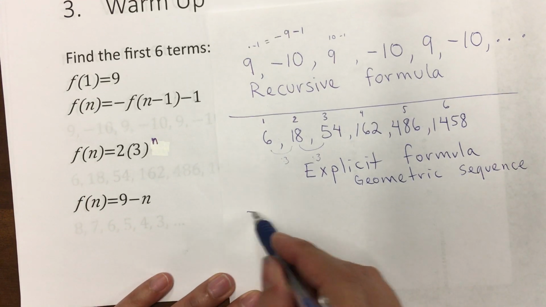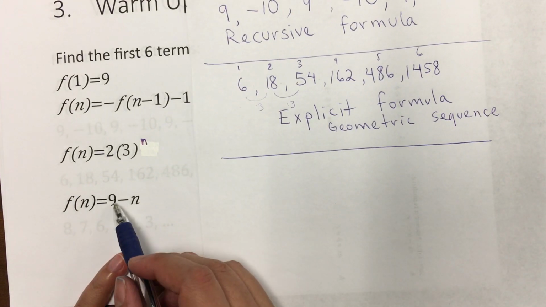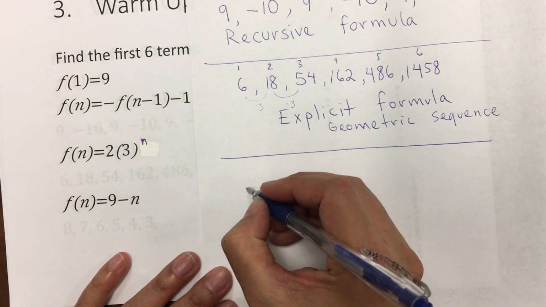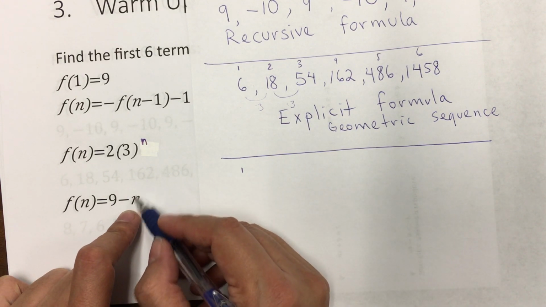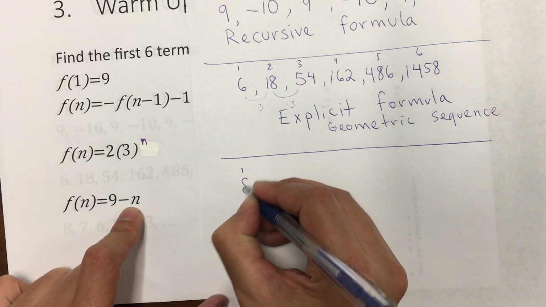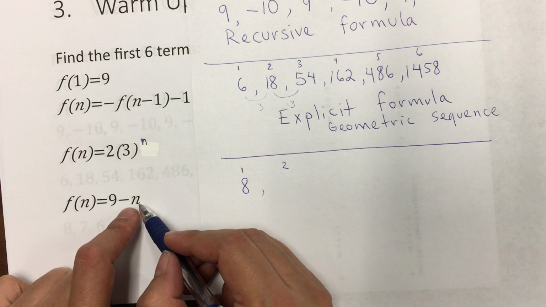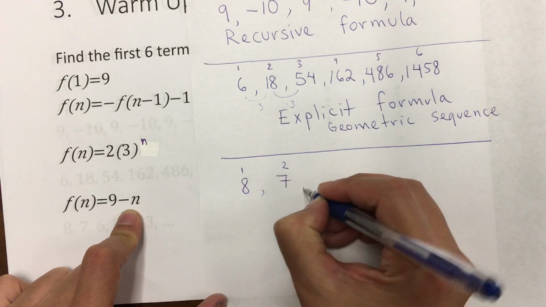Okay, for the next one, well, let's start with the initial point. For the initial point, it means the first one, so we replace this by 1. So 9 minus 1, that's 8. For the second, we replace this with 2. 9 minus 2 is 7.